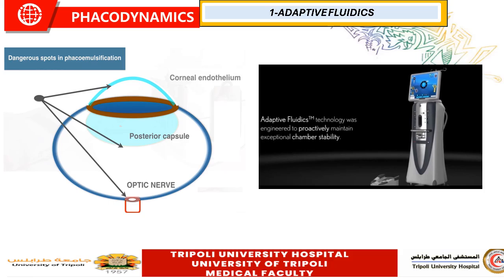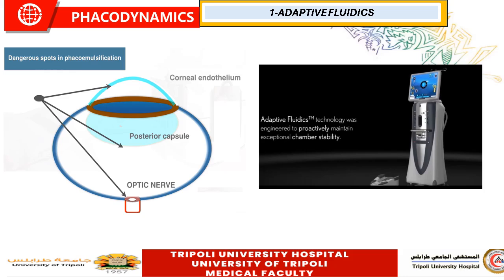By this method, it proactively anticipates the occurrence of surge and mitigates against the surge by injecting the air. It is unlike the active fluidics in the Alcon system, which does not anticipate the surge, but once the surge happens, within milliseconds the system will react and press on the motorized plates to inject the irrigation fluid inside the anterior chamber.